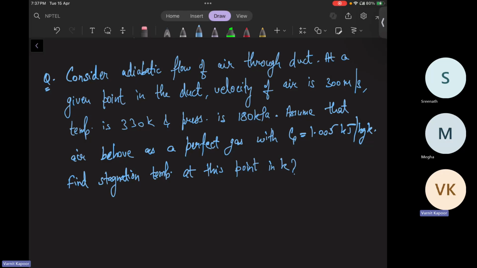That's how I've taken this question: stagnation temperature, stagnation pressure, and what is Mach number. That's why I've used this question. Directly from a question, we will understand this. I'll give you 2 to 3 minutes only to solve this, so that if you know the concept, well and good. If you don't know, then I'll explain.